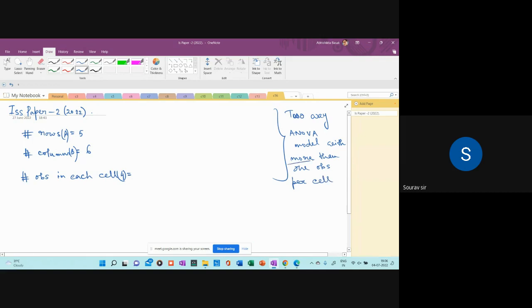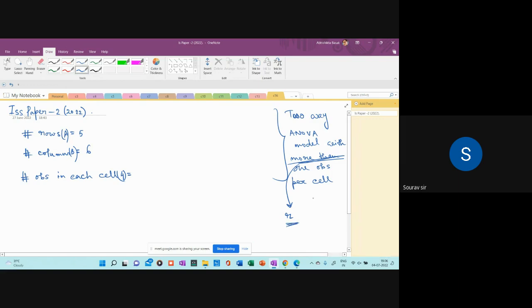Whenever I say more than one observation, there are basically two cases. I can say R observation per cell, so that may be Ri for each and every cell, or R a constant observation per cell. This is the one which we actually refer to, R observation per cell.